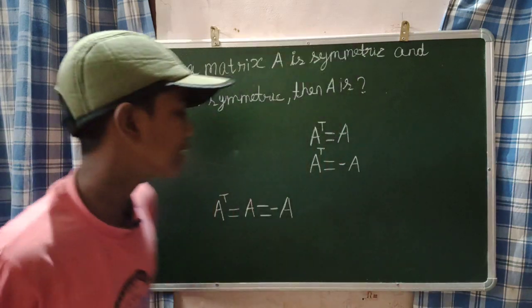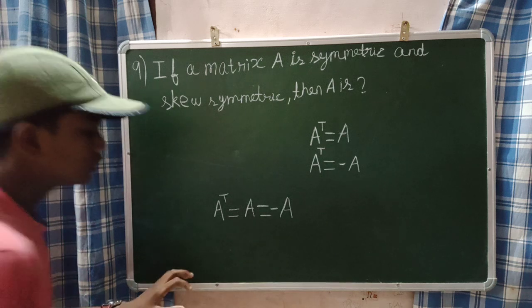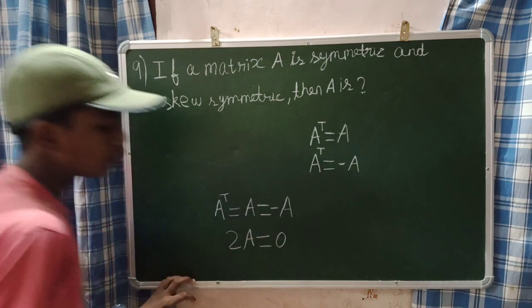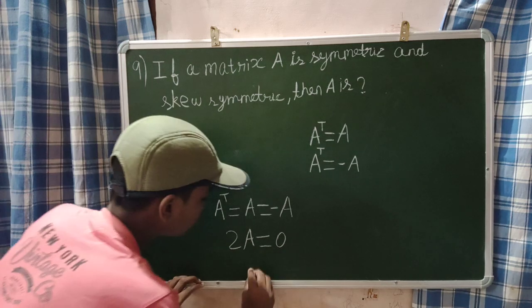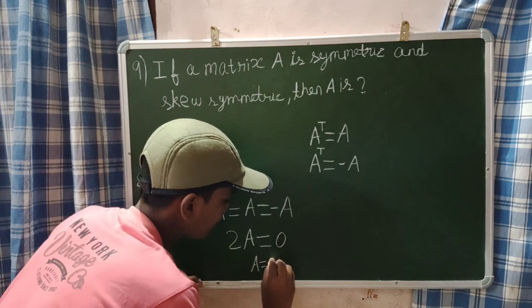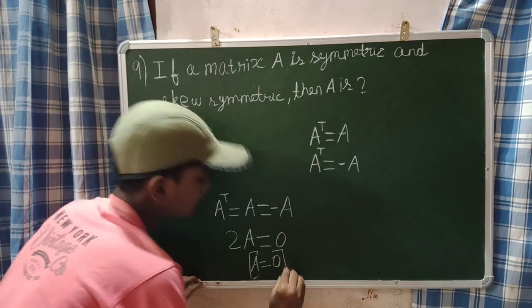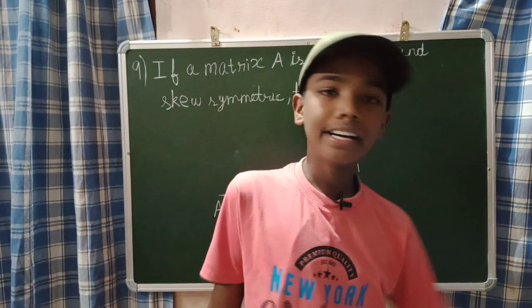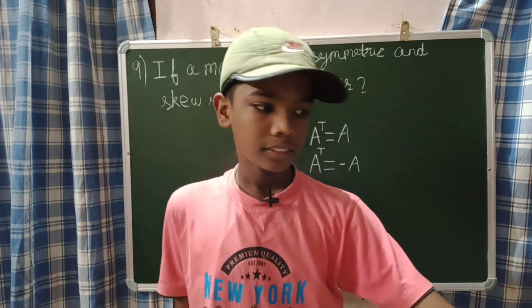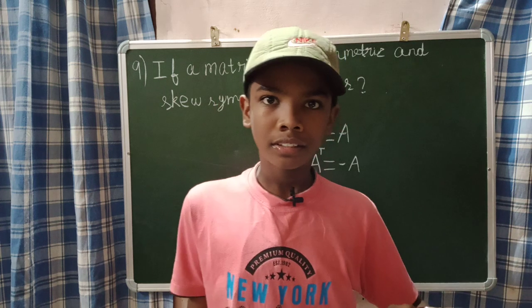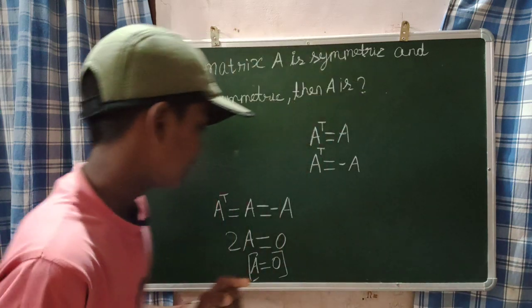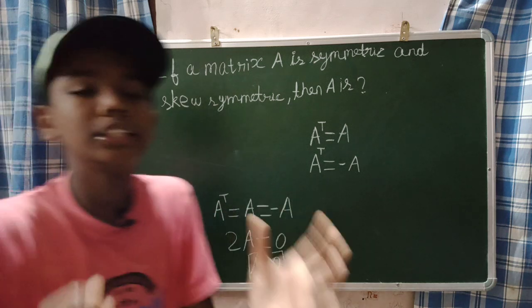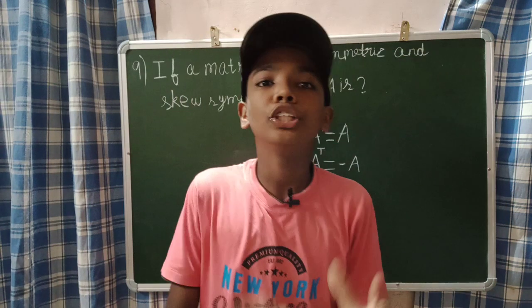Now this shows that 2A is equal to 0. If 2A is equal to 0, then A should of course be 0. If A is 0, then A is necessarily a zero square matrix. That is what you need to understand, because A is 0, so it shows that A is a zero matrix.